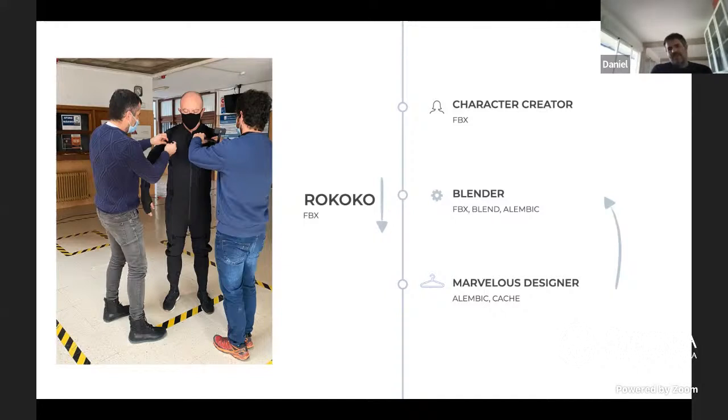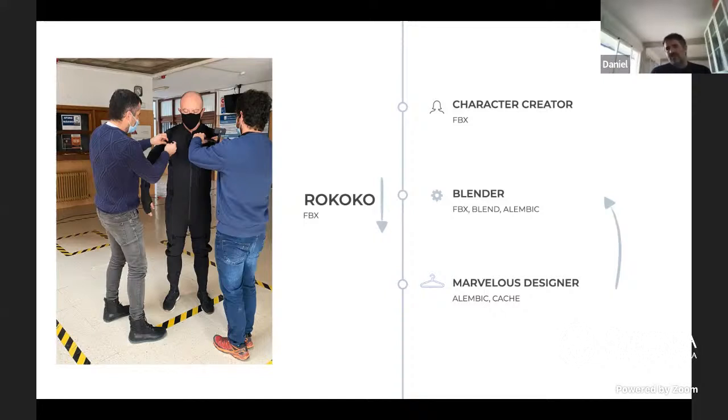In Blender, you can then manipulate, modify, animate, or change your basic character as much as you want. And then finally, you export in FBX, Blend, or Alembic to other software, in our case, Marvelous Designer.